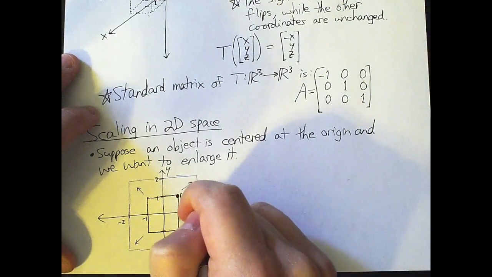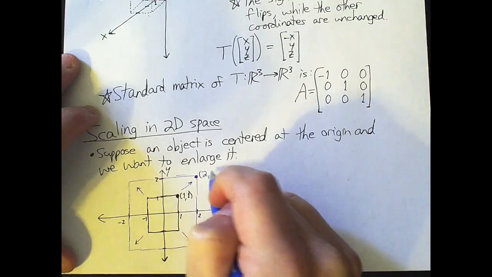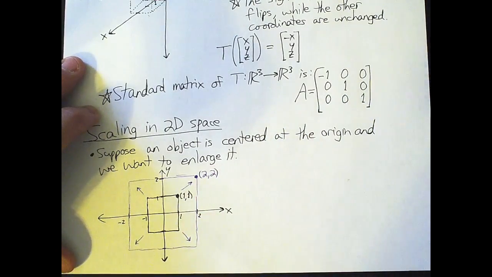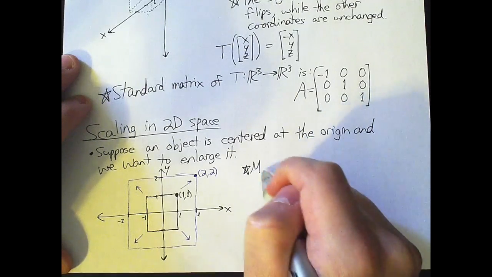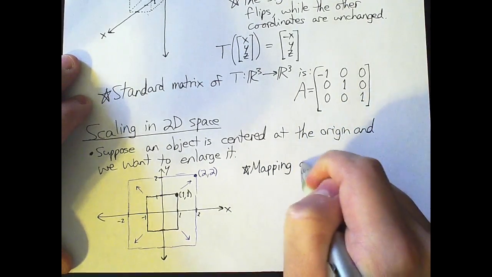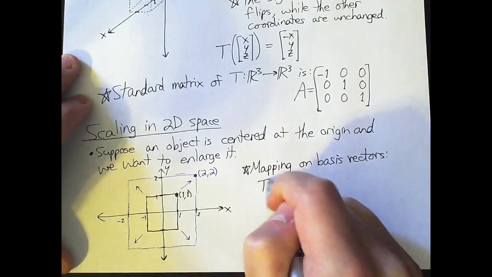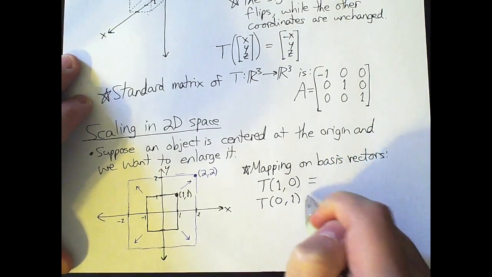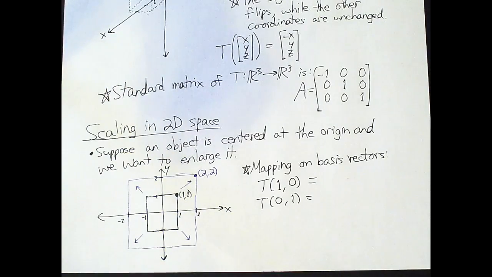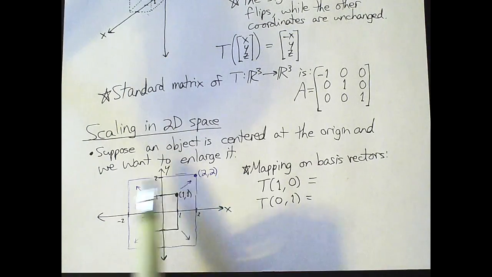Like this point here would be the point 1, 1, and it looks like it gets moved to the point 2, 2. What's the mapping on the basis vectors? In other words, what's T of 1, 0, and what's T of 0, 1? Because we'll figure out the standard matrix for the transformation based on that. And I'm supposing that I want to enlarge it this much. So I want a box of this size to become a box of this size.